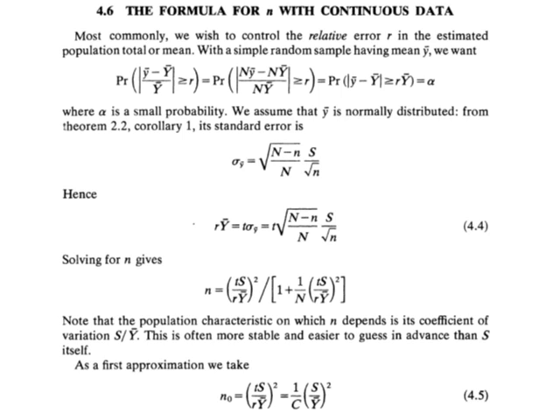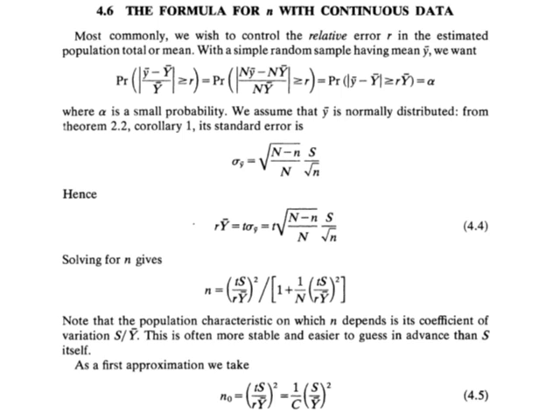We want the probability that the absolute value of (ȳ − Ȳ)/Ȳ is greater than R, that is, the probability that (Nȳ − NȲ)/(NȲ) is greater than R, so that the probability that the absolute value of ȳ − Ȳ is greater than RȲ equals alpha, where alpha is a small probability.